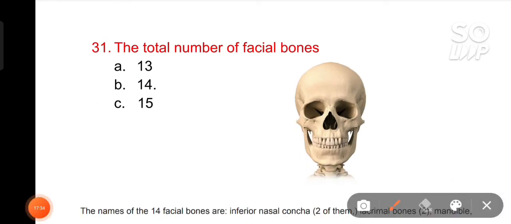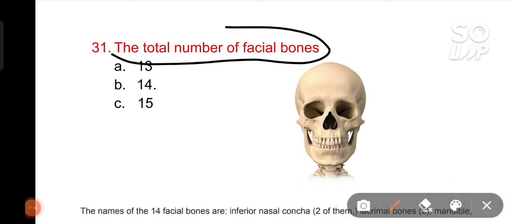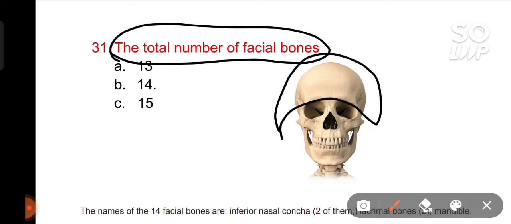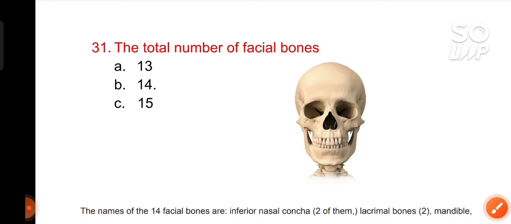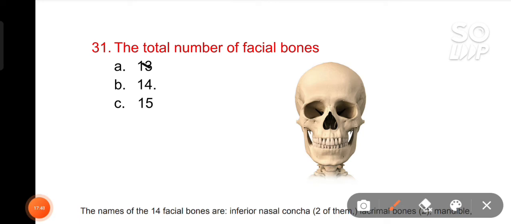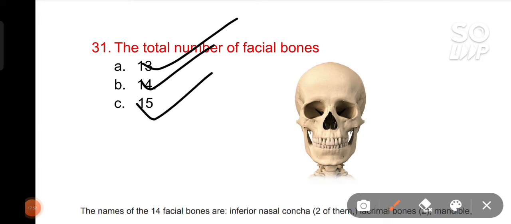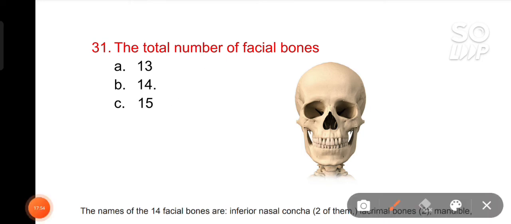The next question is the total number of facial bones. Already we have seen the cranial bones. Now we will see the facial bones. The options are option A 13, option B 14, option C 15. The right answer is 14.